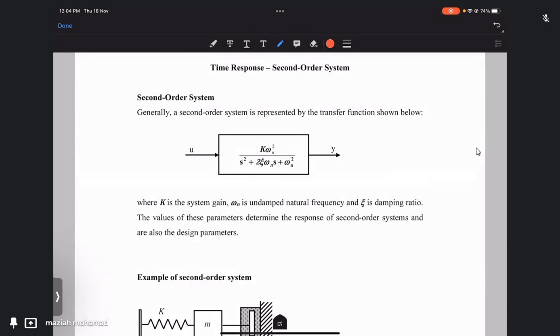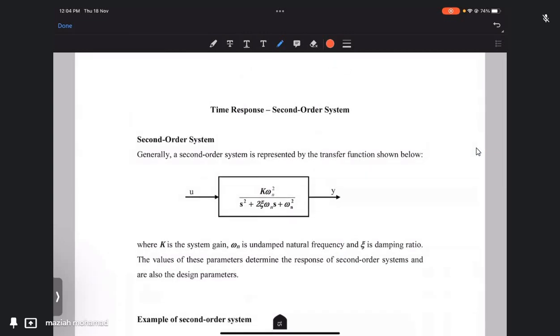And you already saw that in order to derive the equation, you take the ODE, Laplace transform, initial condition, input signal, partial fraction, remainder theorem, and then you inverse the Laplace, so you will get the time response equation, right? We also learned about classification, where by classifying the system based on the order, we'll be able to predict the behavior. So we already discussed first order system.